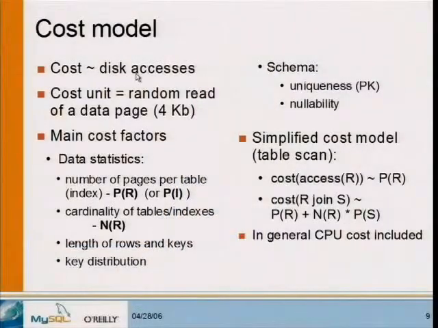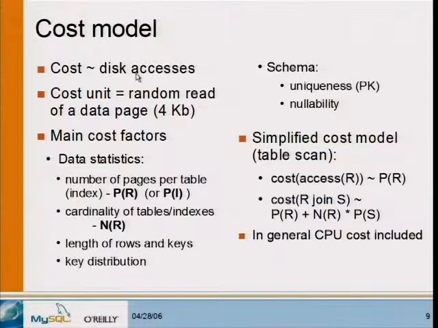Another set of information we use is schema information: whether a column is unique or not, whether it is a primary key or not, and whether a given column is nullable or not. The simplified cost model is pretty much by the textbook. The cost of one access is proportional to the number of pages. The cost of a join is proportional to the number of pages of the left table plus the rows of the left table times the number of pages in the right one.